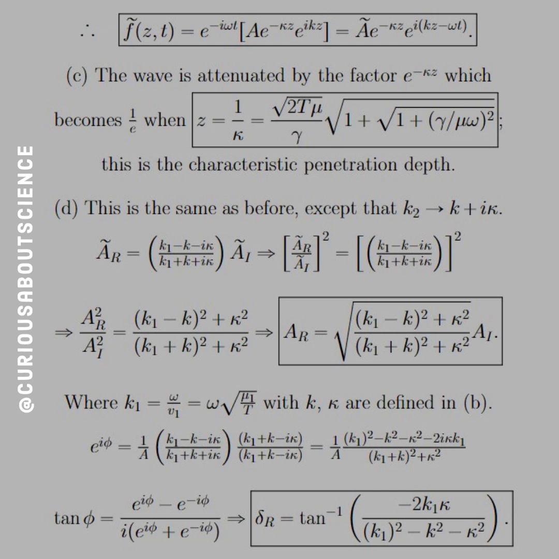So if we do this thing with the complex exponential again, we said we have e to the i phi, solve that through, tangent of phi gives us what we're looking for, which is delta R is equal to tan inverse of everything once it's simplified, which is negative 2 k1 kappa over k1 squared minus k squared minus kappa squared.